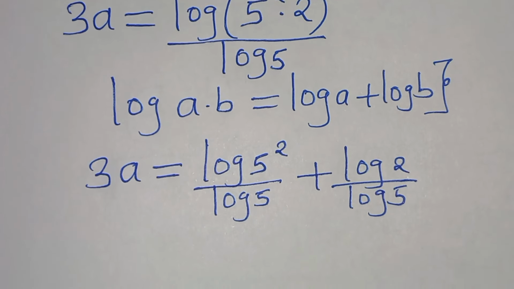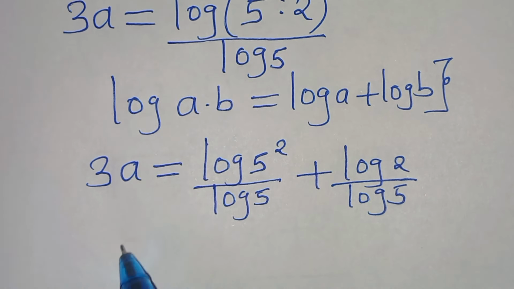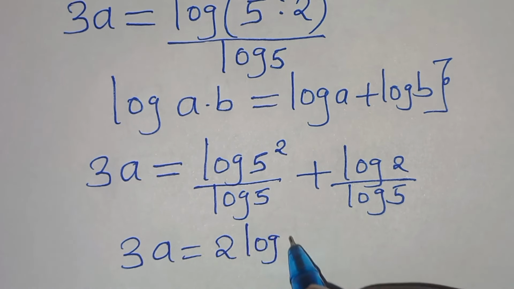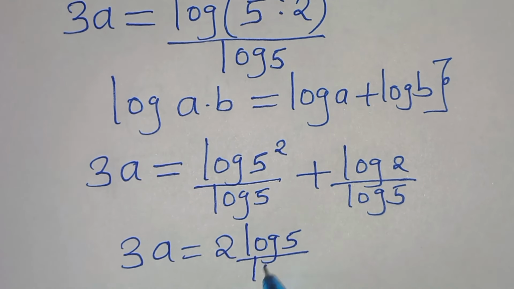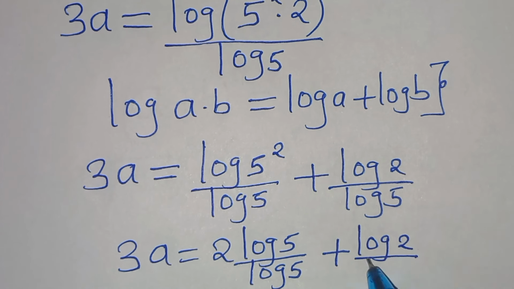The next step is to apply the power property here, so that log 5 to the power of 2 becomes 2 log 5, divided by log 5, then plus log 2 divided by log 5.